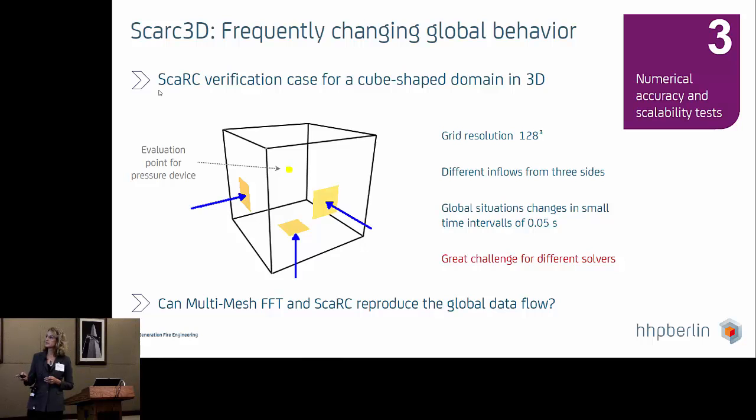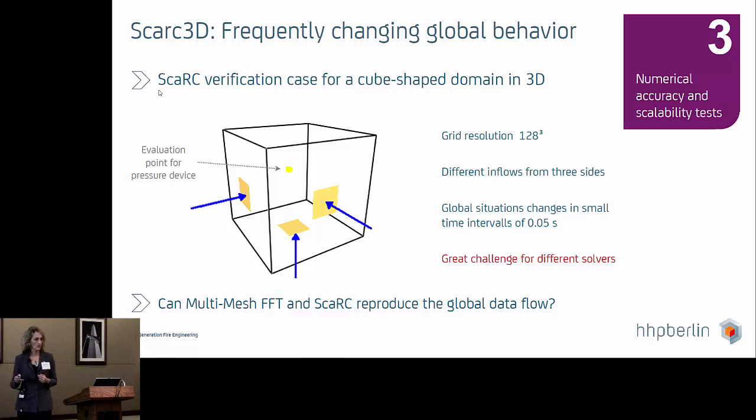It uses a simple cube-shaped domain in 3D with a grid resolution of 128 in each direction. And we have different inflows from 3 sides, different in size. Additionally, those inflows are changed in small time intervals, triggered by ramp functions. So there is no steady state at all in this domain. We have steadily changing situations.